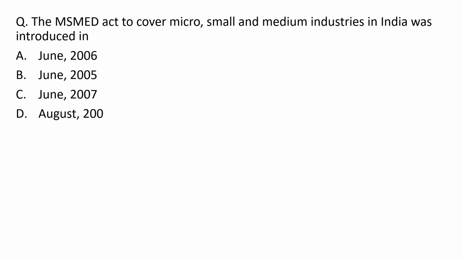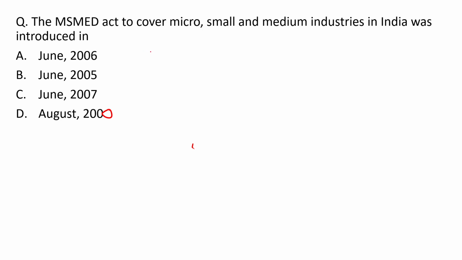The first question is: the MSMED Act to cover the micro, small and medium industries in India was introduced in June 2006, June 2005, June 2007, or August 2000. So basically just see what it is asking about.